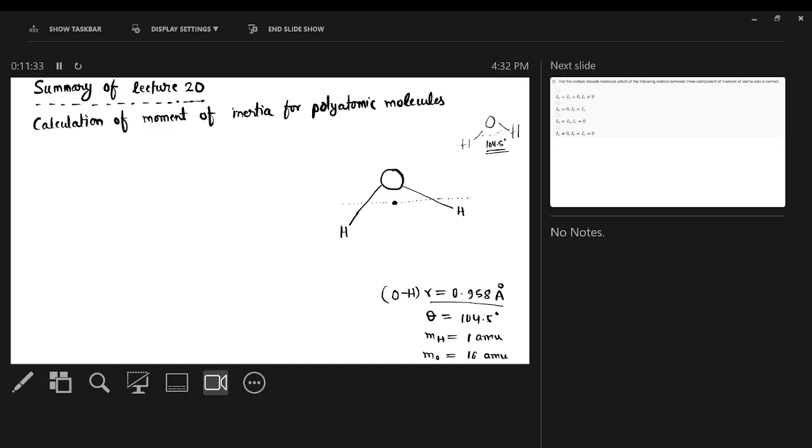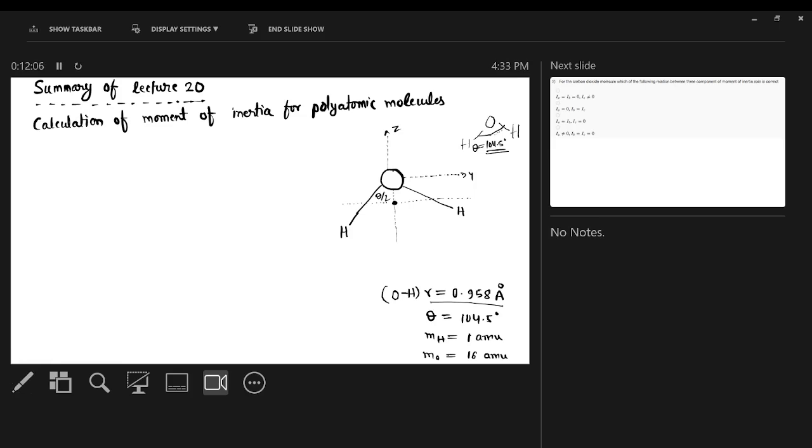I will draw a line here in the middle. This is to use geometry, and this is our y-axis, and this one I am considering as the z-axis. So this total angle is theta, and this will be theta by 2.